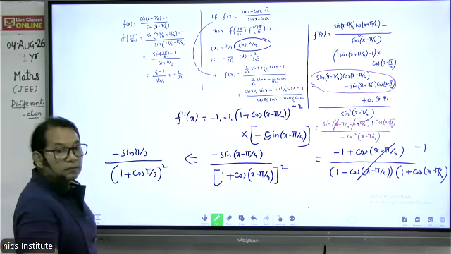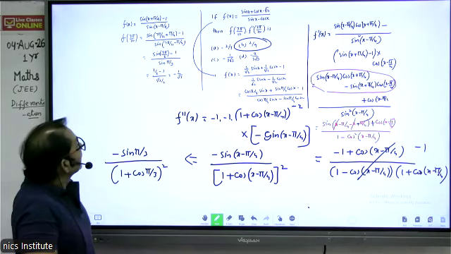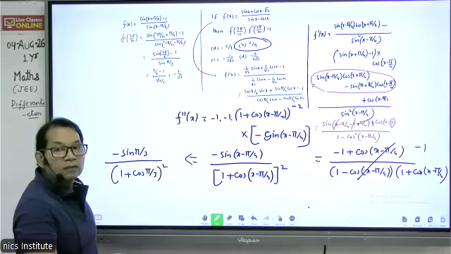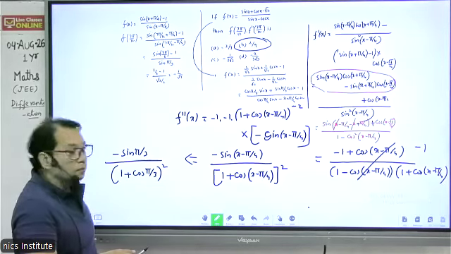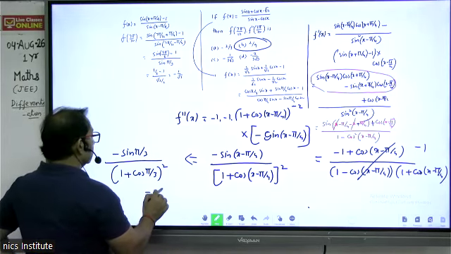वैल्यू डालो ना, x is 7 pi by 12. कितना? इसको सॉल्व करके minus 2√3/9.